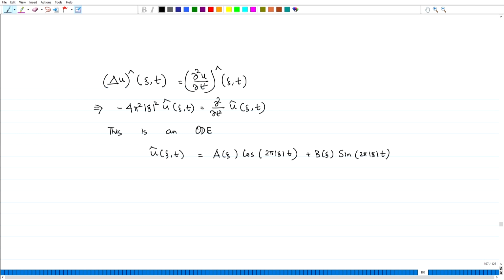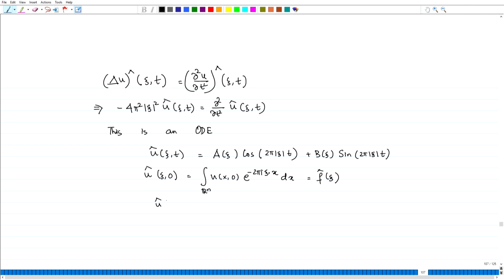What is known to us is that u hat of xi at 0 is equal to the integral over R^n of u of x comma 0 e to the power minus 2 pi i xi dot x dx, which is nothing but f hat of xi.